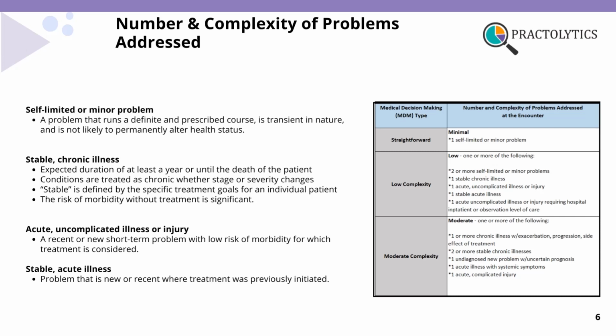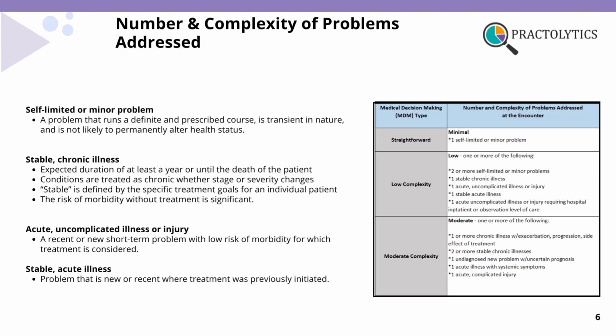Such conditions are new, short-term problems with low risk of morbidity for which treatment is generally considered. They are short term and they may go away, but with specific treatment. There is no risk of mortality with treatment, and full recovery without functional impairment is usually expected. So, these conditions are generally acute, uncomplicated illnesses or injuries.